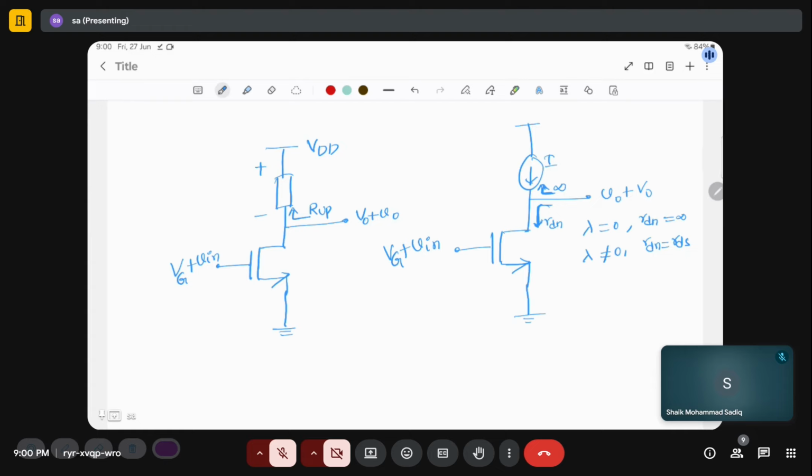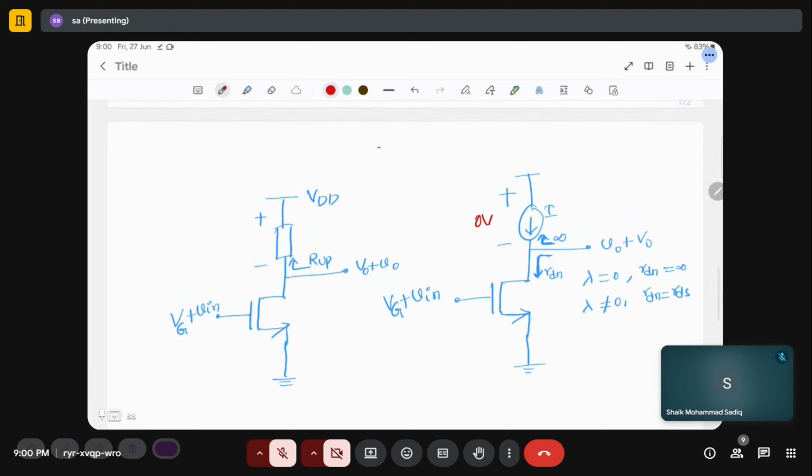So in this case, you can have a 0 volts drop also with an ideal current source. With an ideal current source, a 0 volts drop is possible.